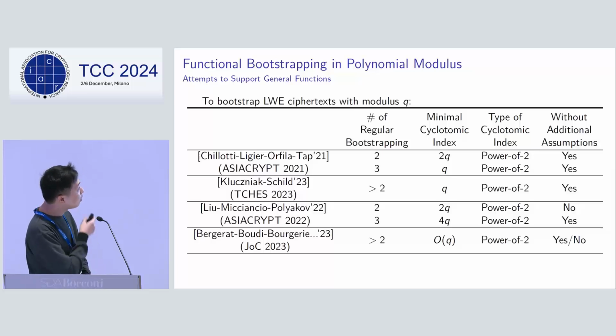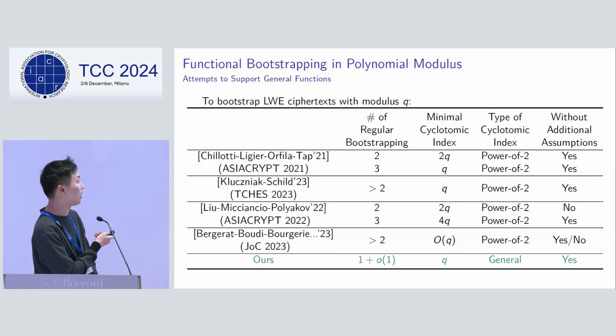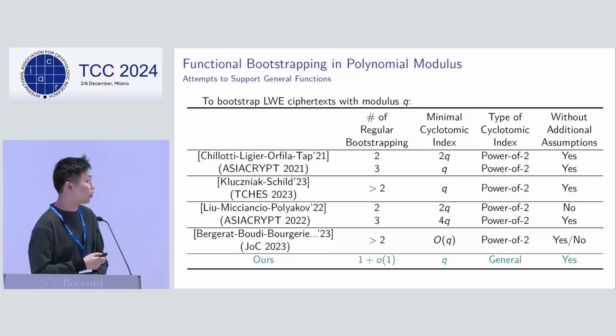In our work, we show that functional bootstrapping for general functions can be essentially as efficient as regular bootstrapping, and we do not require ring extension. We can work over quite general cyclotomics, including power of 2, and we do not require additional assumptions. To support general functions, we do not use the sample extraction.